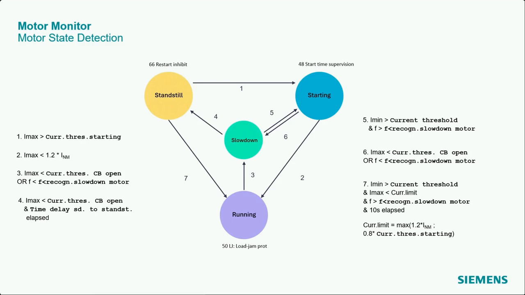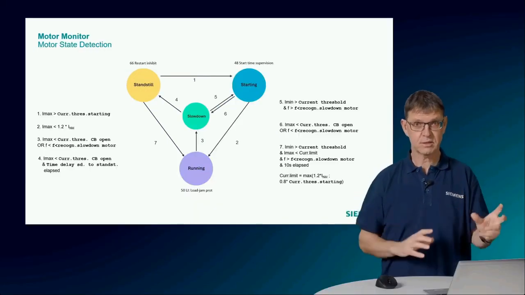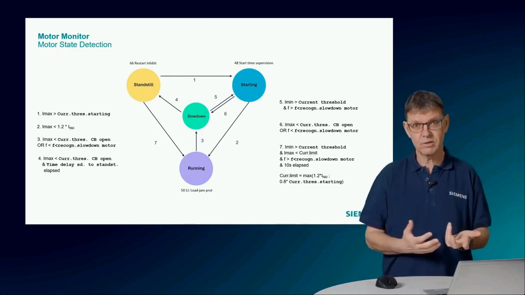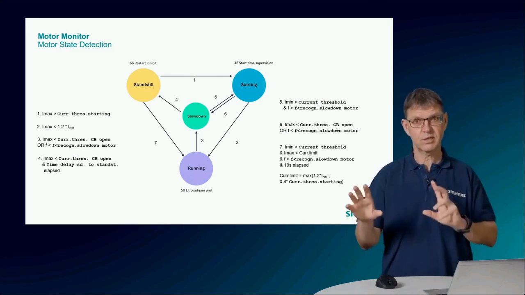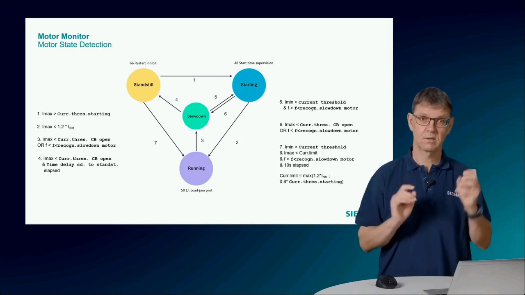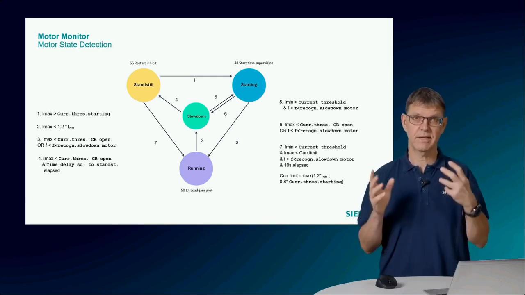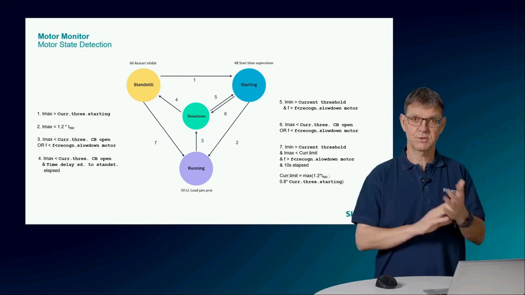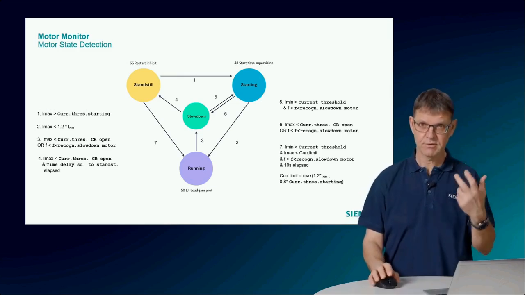Therefore, I just put it here again. And maybe some words. We have this state detection, or the state model we use, because some protection functions are dependent on the state, or we can also say they are active only for a certain state. And there we have 3 of them.